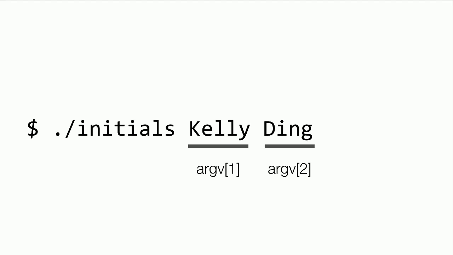And then because these are strings, we also know that if I wanted to get the actual letters within that string, I can do argv at index 1, which is Kelly, and then at index 0, it's the first letter, which is K, and then similarly with D.